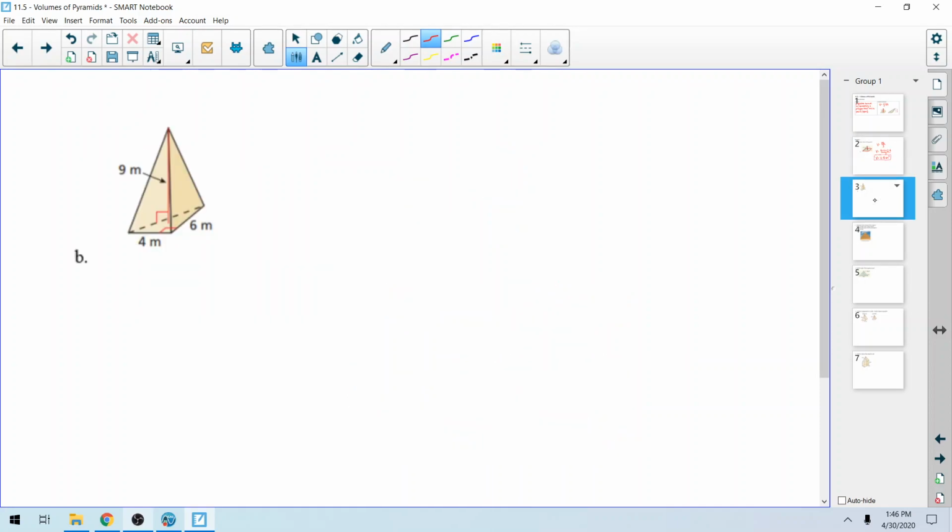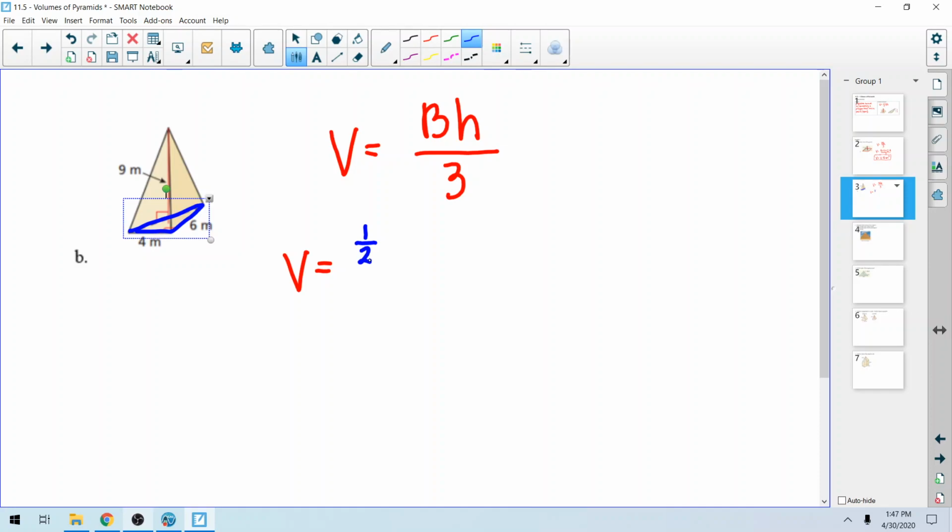Example B. Volume equals area of the base times the height divided by 3. Well, the base here, if we look at it, is a triangle. So the area of a triangle is 1/2 base of the triangle, which looks to me like 4, times height of the triangle, which looks to me like 6, times the height of the whole pyramid.